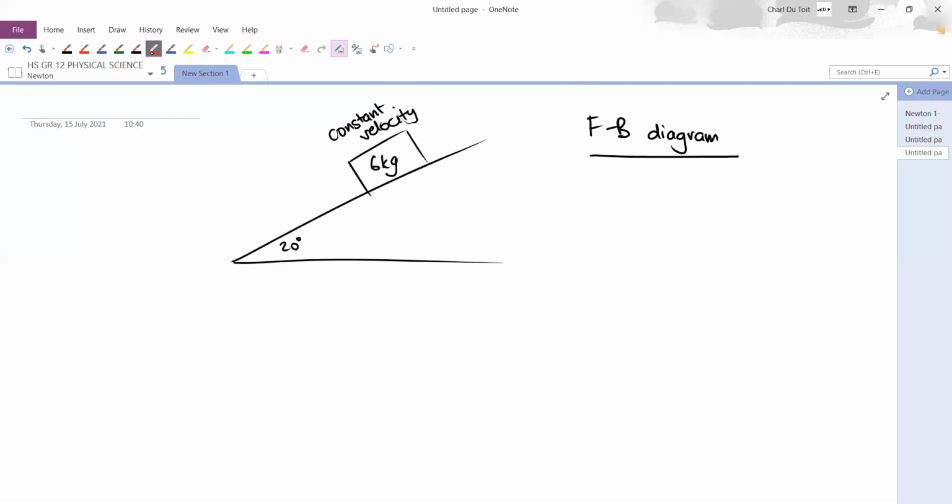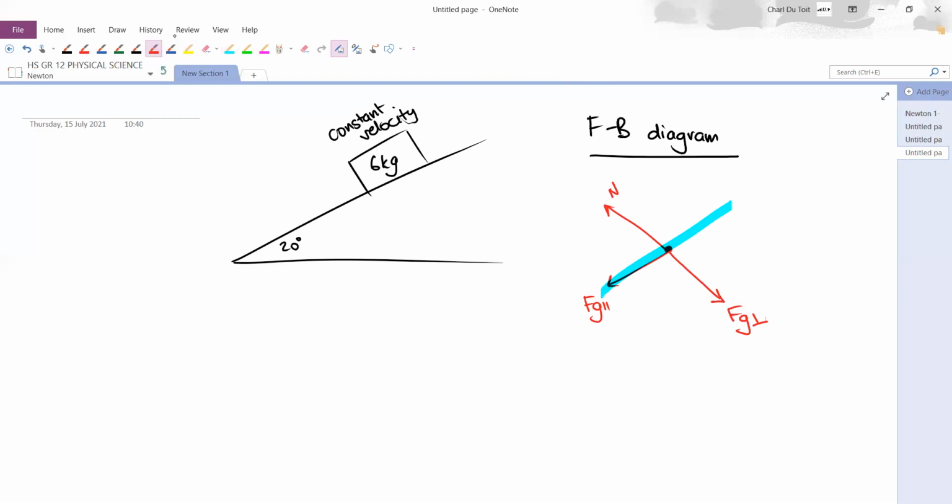Is there a frictional force? Pardon? Is there a frictional force? There must be. If there were no frictional force, it will just accelerate. Look at my free body diagram: I'll have a normal force, I'll have an FG parallel force, and I'll have an FG perpendicular force. If there weren't any friction, then the forces that are parallel to the surface will only be one force, and that force can't be in equilibrium, so it will accelerate.